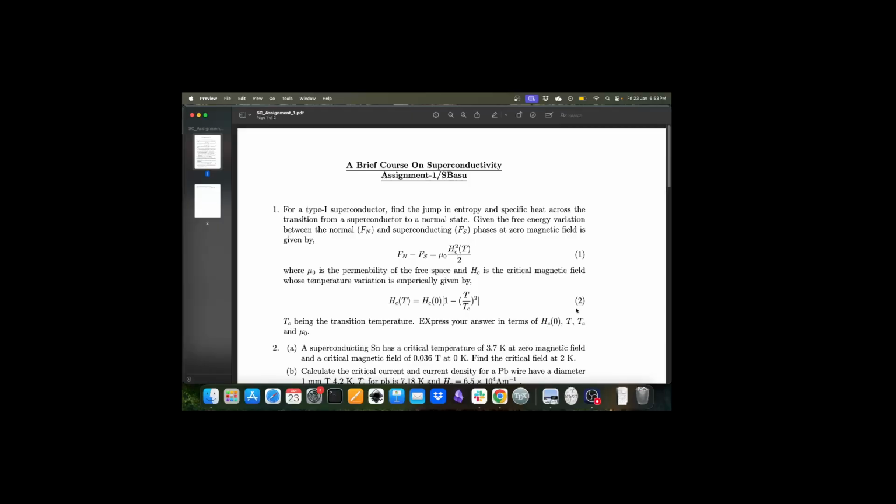So this means, so mu 0 by 2 you get common, already have 2.